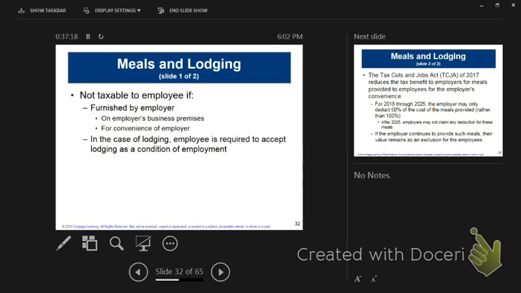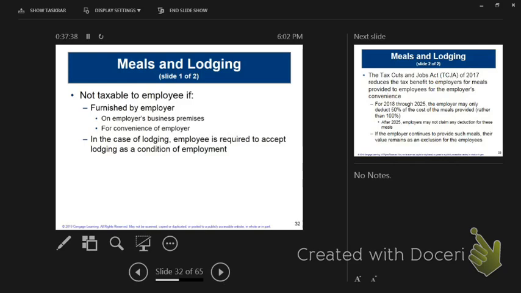Okay, meals and lodging. So this perk, again, there's two ways to look at some of these. This is if the company pays for you to have this. It's not taxable to you if furnished by your company on your company's premises. So they bring in the food for the convenience of your company.